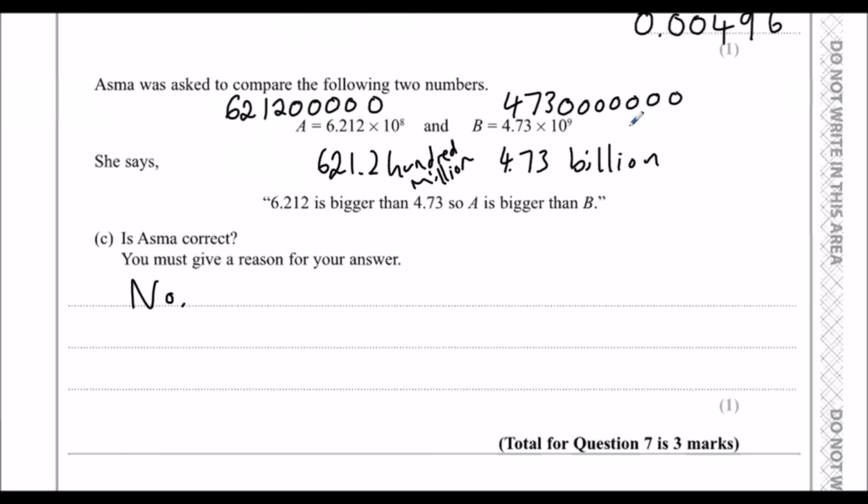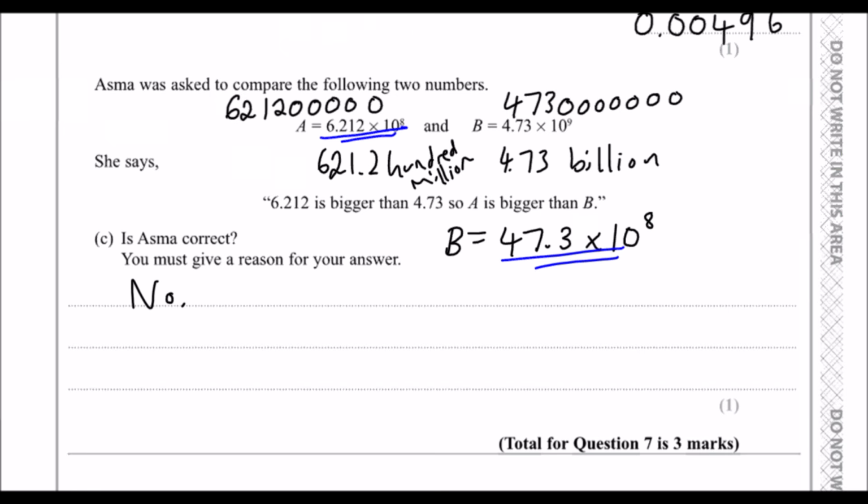B is actually bigger. Or another way, we could say if we multiply our number on the front by 10 once, B would be 47.3 times 10 to the power of 8. So now they're both powers of 8, so we can compare them, and 47.3 is bigger than 6.212.